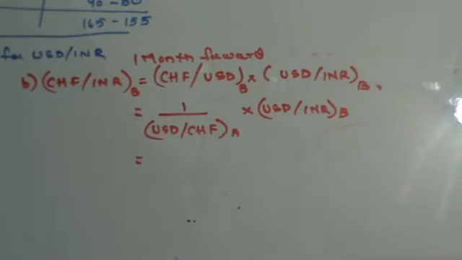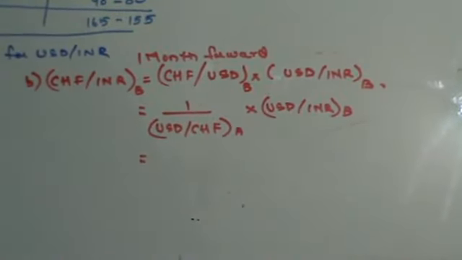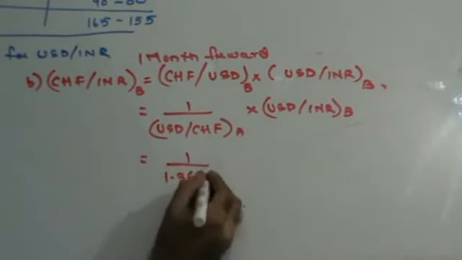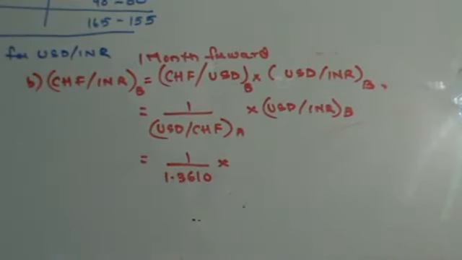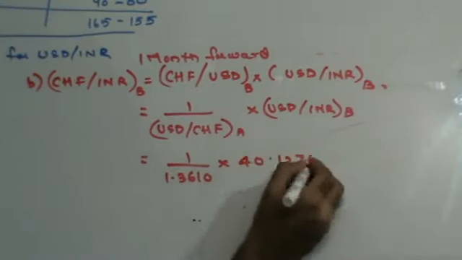Now 1 month forward USD CHF ask, we found out, is 1.3610. So 1 upon 1.3610, and USD INR bid 1 month forward is 40.1275.